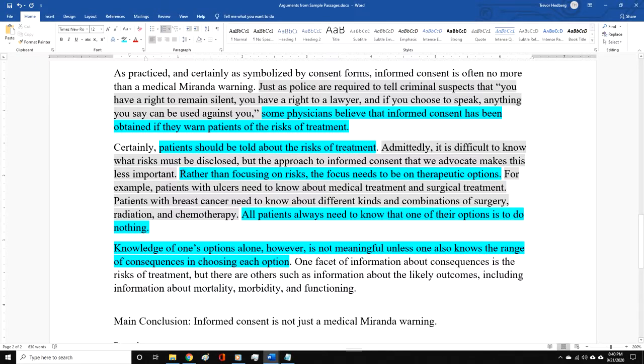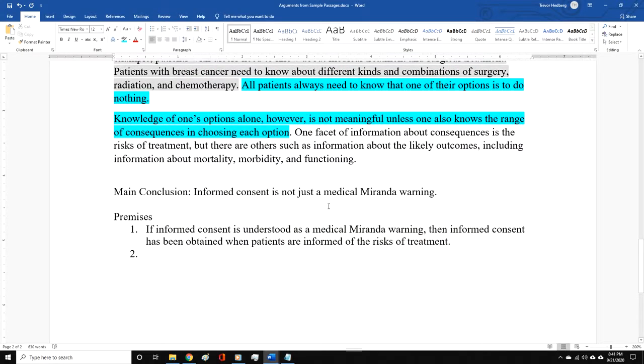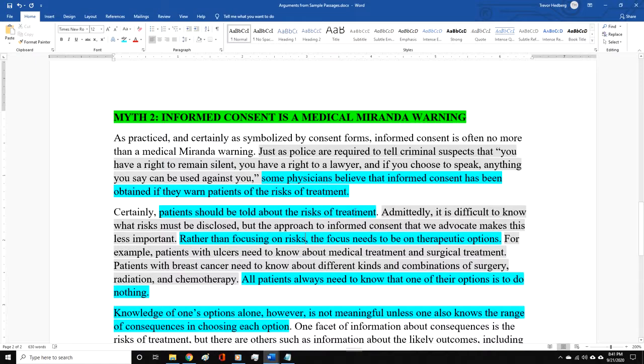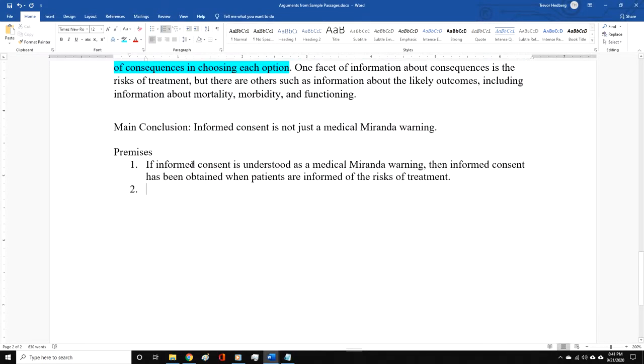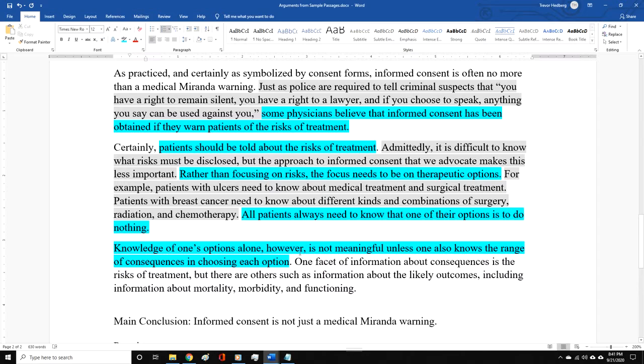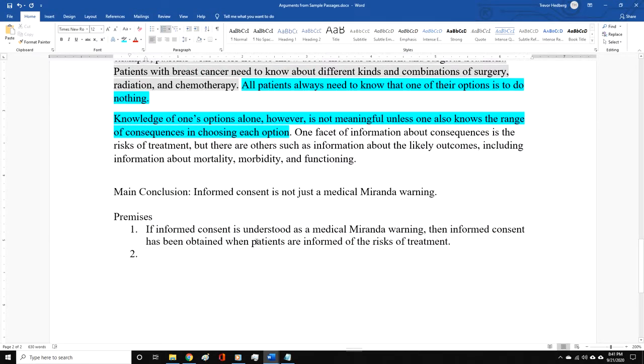The key observation here is that it's not just focusing on the risk, right? It's not just that patients be told about the risks of treatment, right? That's the ultimate goal. So I think the second premise is going to be, if we combine all this information together, something like this.